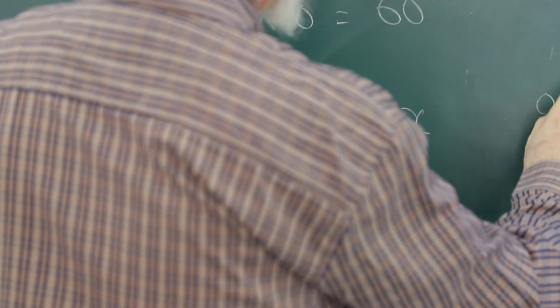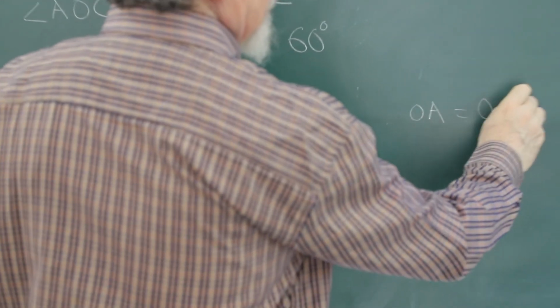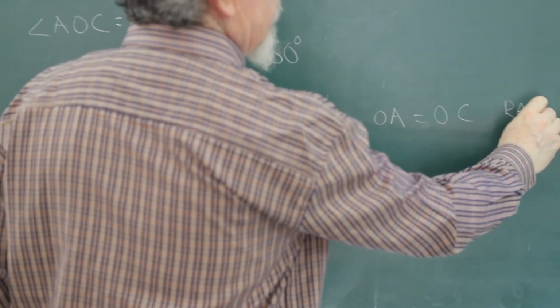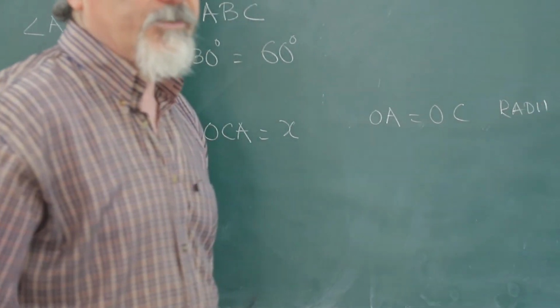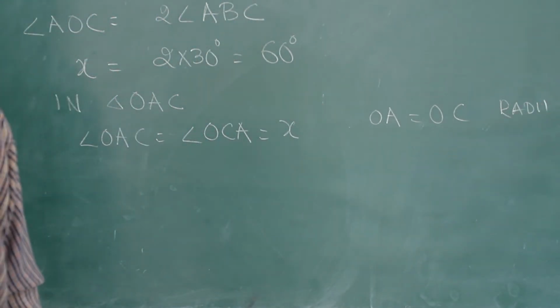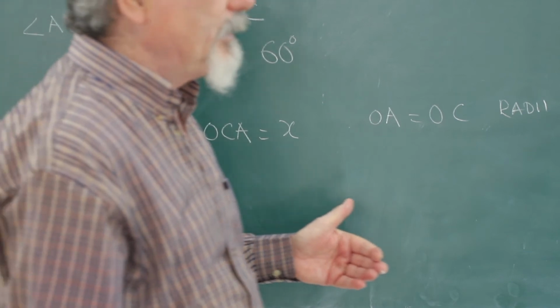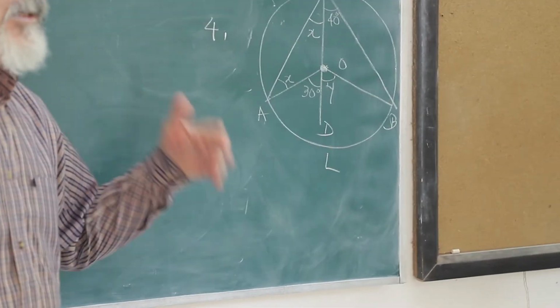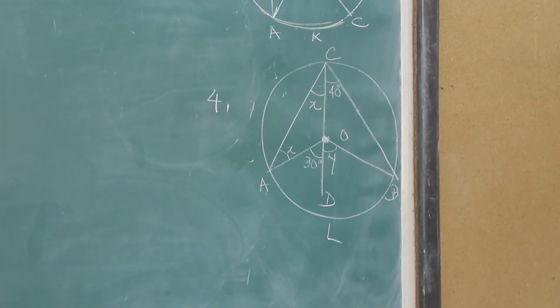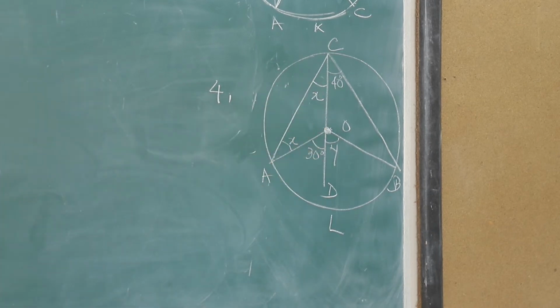Again, OA is equal to OC, radii. They are the radii of the same circle. And if two sides of a triangle are equal, then the angles opposite to them are equal. Sides are equal, angles opposite to them are equal.